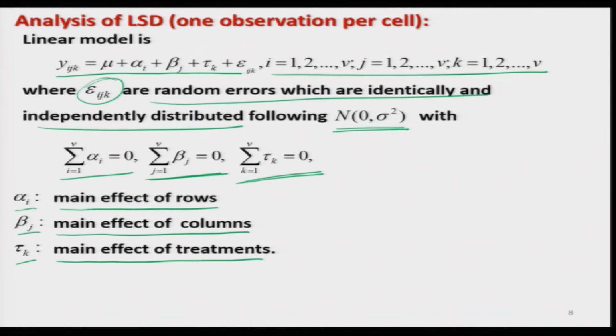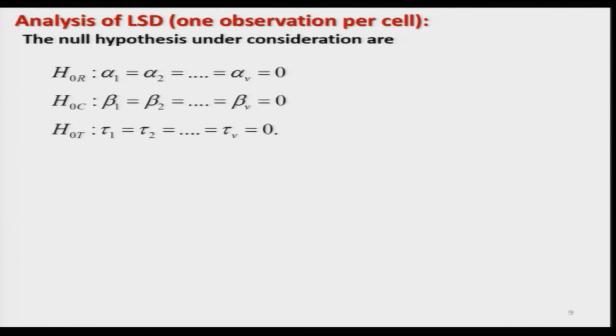So, based on that you can conduct your analysis of variance, and you can see that I am writing the words like due to rows, columns and treatments, because there are 3 factors, and these observations are arranged in the rows and columns of the Latin square. So, that is indicating the effect, right. Different books may have different names, but you do not need to worry about that, you have to just understand what these things are.